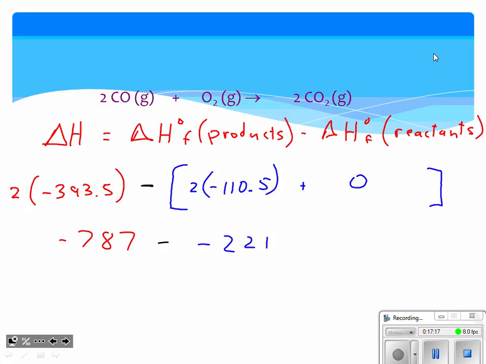So what I'm going to be doing is taking negative 787 and subtracting negative 221, and I come up with a value of negative 566. What is my label?